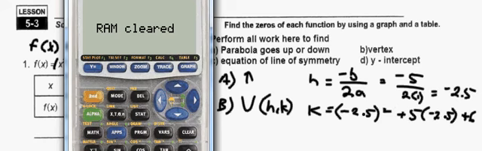Let's see, negative 2.5 squared, helps if I put in the correct number, 2.5 squared plus 5 times negative 2.5 plus 6, we get an answer of negative 1/4, or negative 0.25.